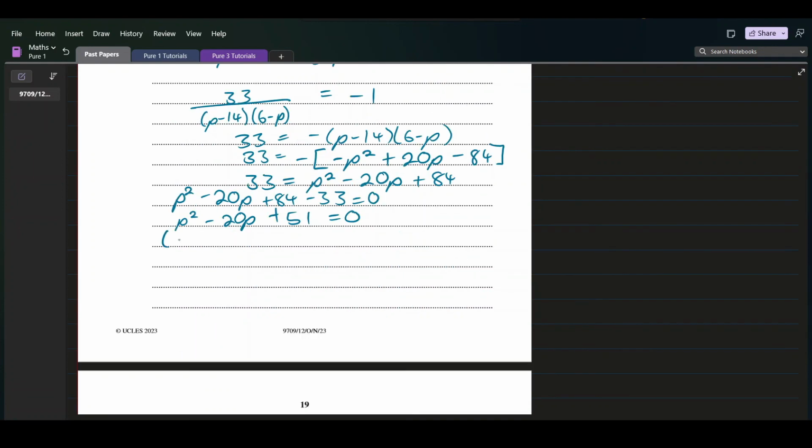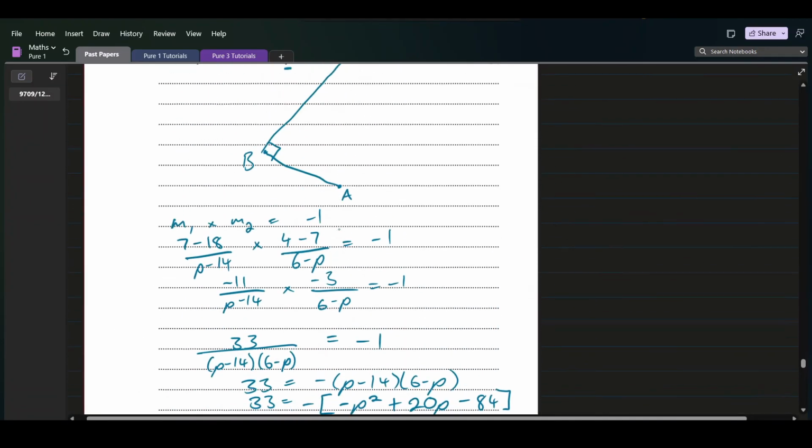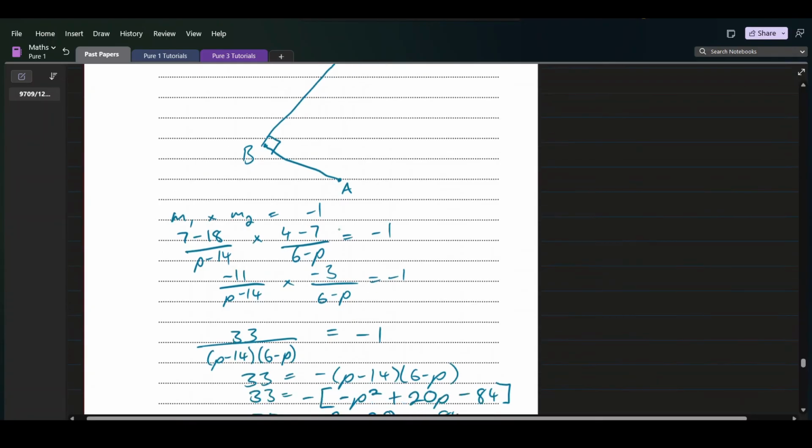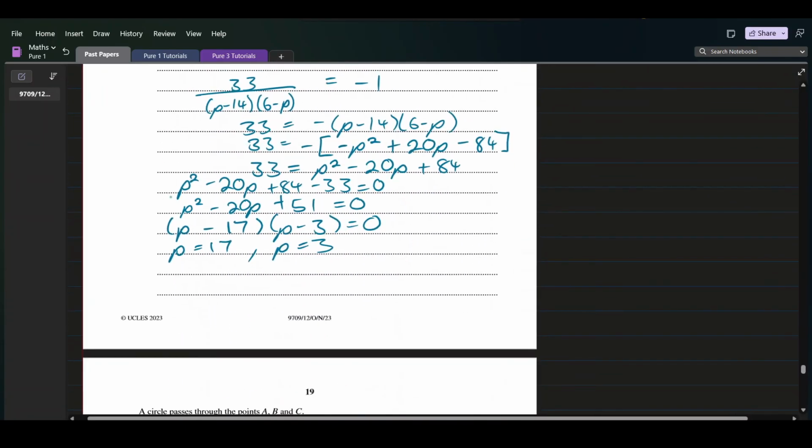And if we factorize our quadratic, that's (p minus 17)(p minus 3) is equal to 0. So you get p is equal to 17 or p is equal to 3. And the question tells us that p is less than 10. So we can conclude that therefore p is equal to 3.